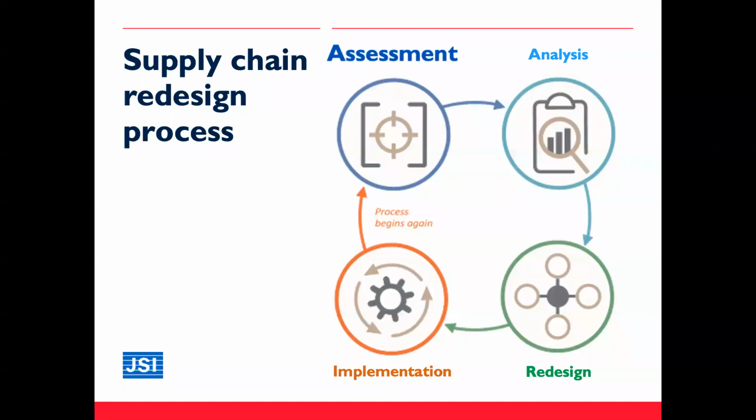At this stage, we would also clearly identify our purpose or purposes for doing the redesign. We would then still do our analysis, and based on our analysis and our purpose, we would do the redesign. And finally, we would implement the redesign. As before, this is a continual process. After a while, we will want to assess again our redesigned system and perhaps make additional changes.